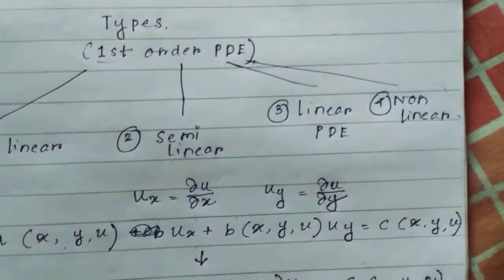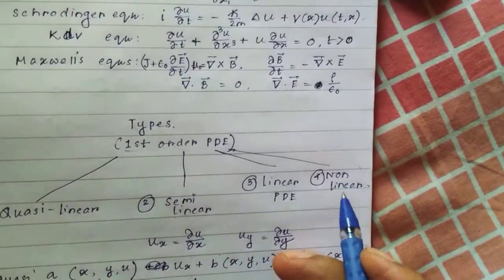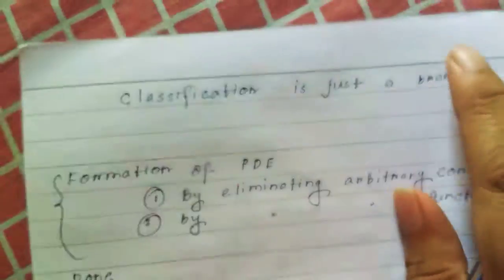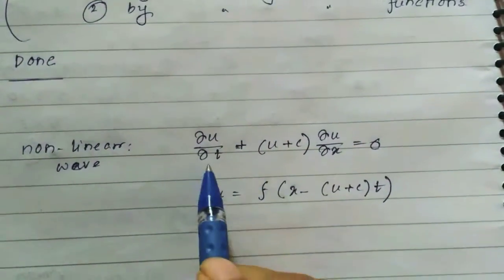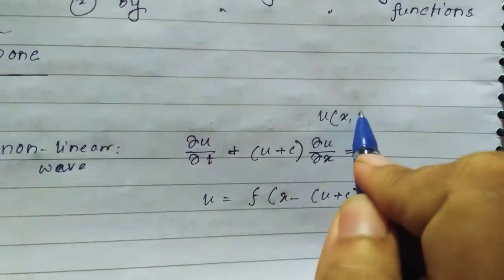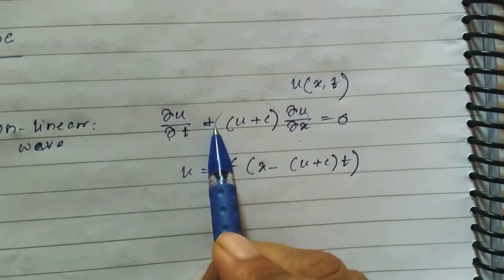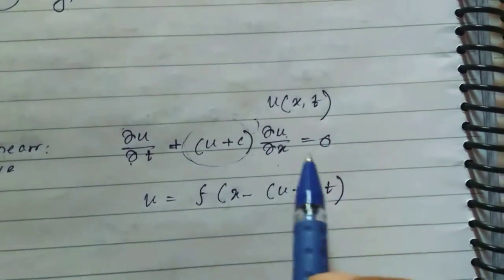Obviously non-linear means there may be some non-linear dependency. It's better to give some examples. For example, the non-linear wave equation, where u is a function of x and t, so this is del u del x and del u del t, and this thing u plus c equals 0.